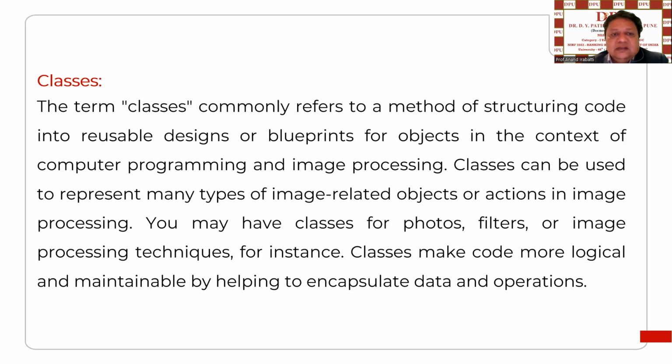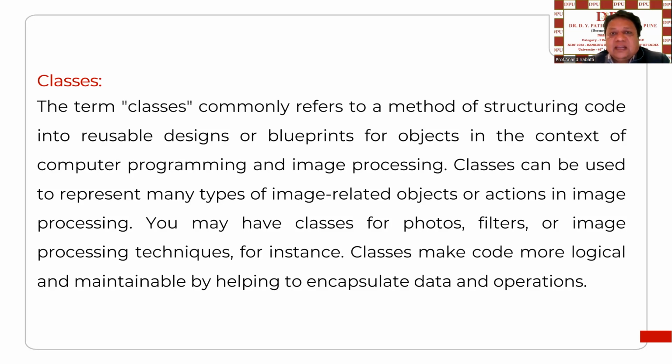And this is a reusable design. It means once a class has been defined, I can use that class in multiple locations or in multiple ways for creating the objects of that specific class.